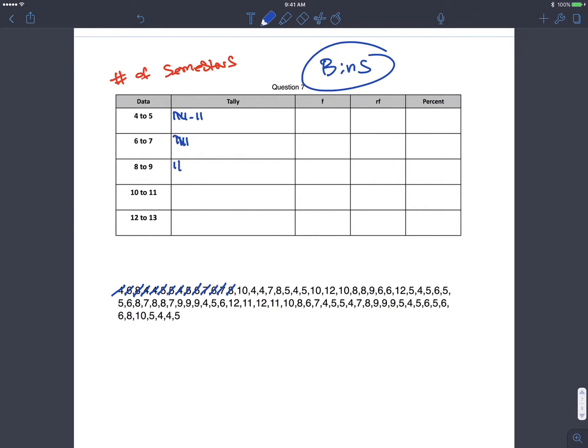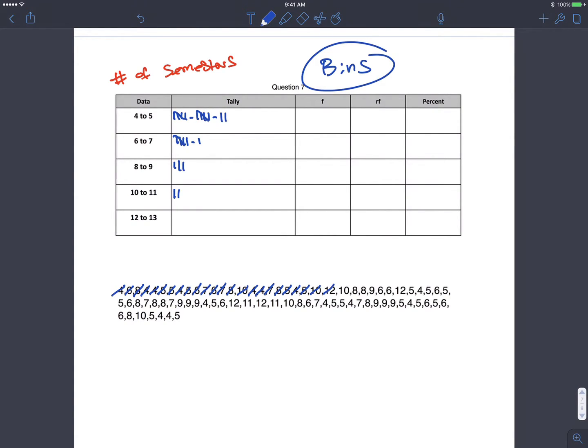A data value 8, third bin. 10, fourth bin. A couple of 4s. A 7, second bin. An 8, third bin. A 5, dash, diagonal. A 4. Another 5. A 10, fourth bin.